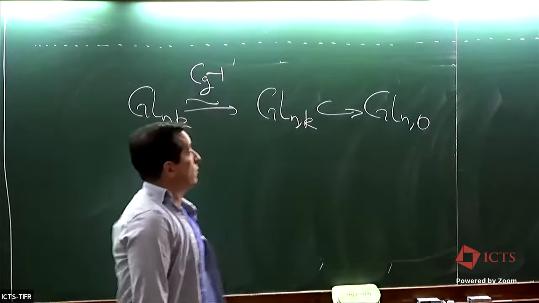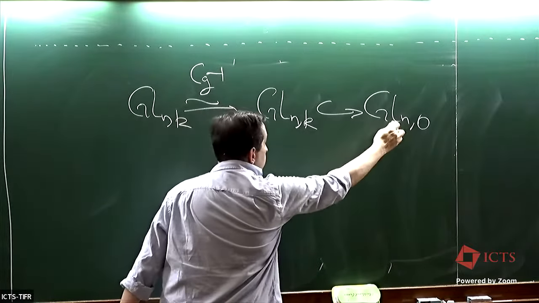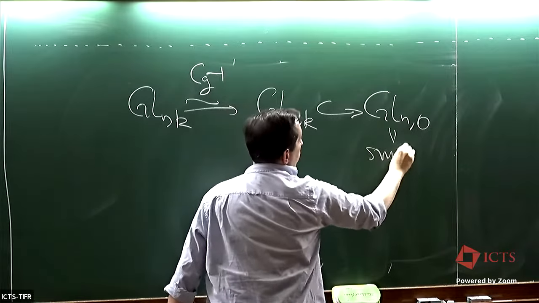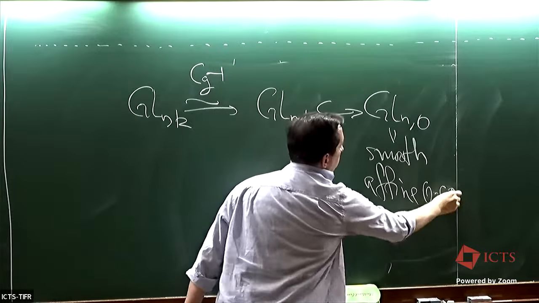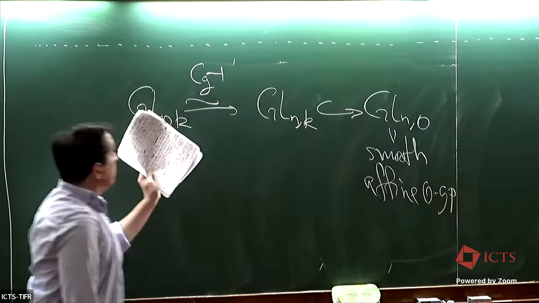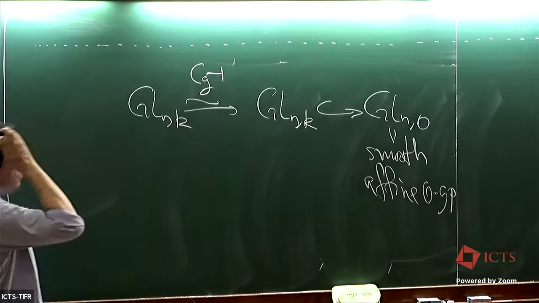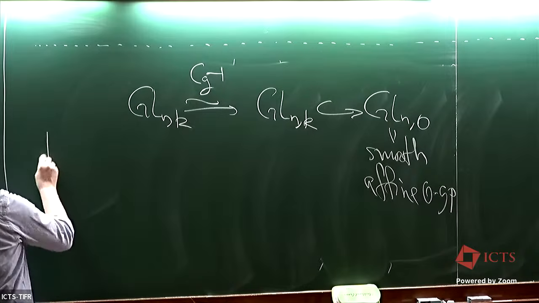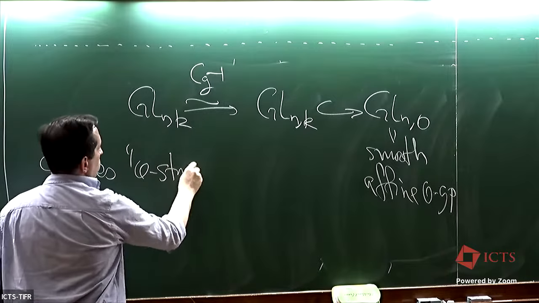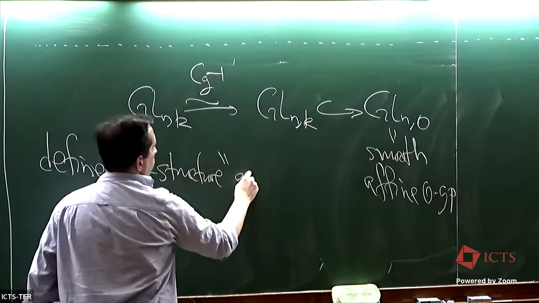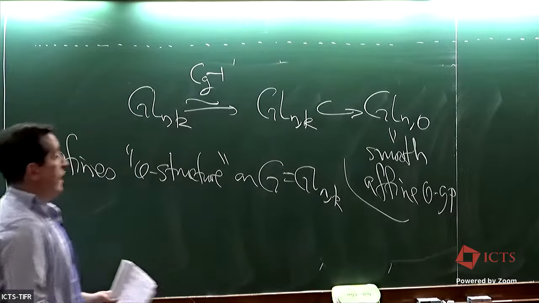This is a group scheme over O. And in this way, this identifies a smooth affine group over O, and its generic fiber is identified with our original group, but not via the identity map, but via the intervention of this g. So this defines what we're going to call an O-structure on our original algebraic group GLn over k.